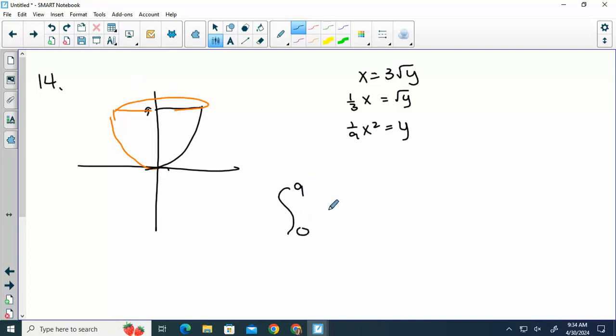Okay, we're integrating the area. So pi times the radius. If you take a cross section, the radius is going to go from here out to the curve. So my radius is just my equation squared dy.